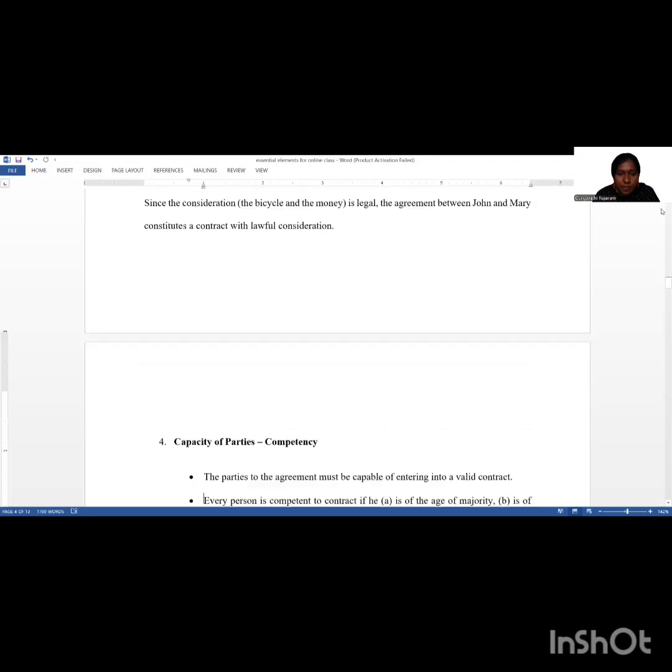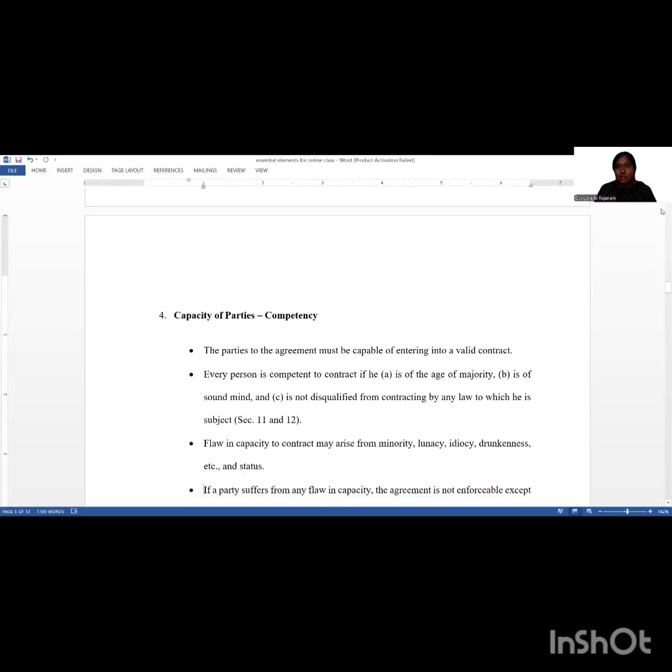Now, capacity of parties. Usually a contract is enforceable by law, but not enforceable against all parties. We have a few exceptions. The person who is a minor, below 18, and the person who has a mental disorder, all of these come into the capacity of parties.